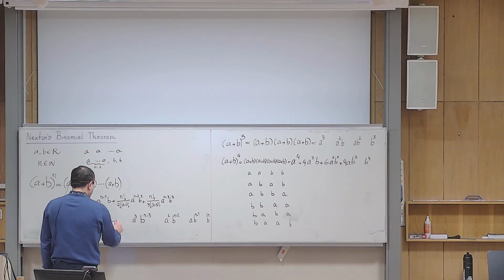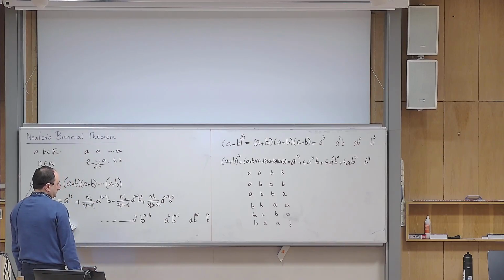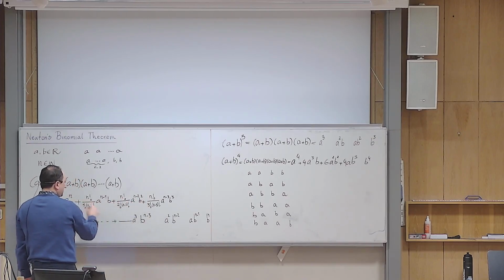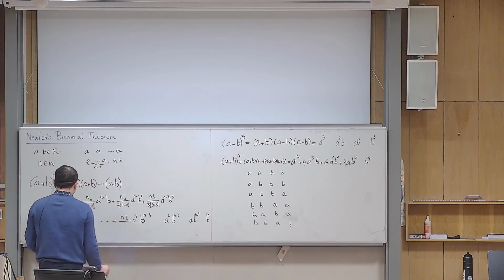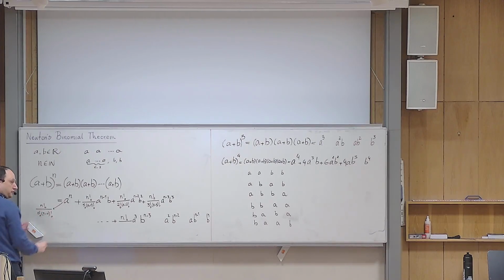So can you tell me, for example, what will happen at the very end? Now you can see the pattern, what's happening. It is clear that n factorial is repeating itself. By the way, if you insist, what can you write for the first one if you want to follow the pattern? You can write n factorial over 0 factorial, n minus 0 factorial if you want to.